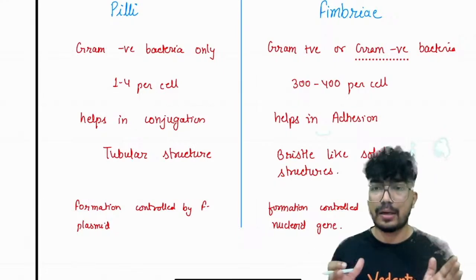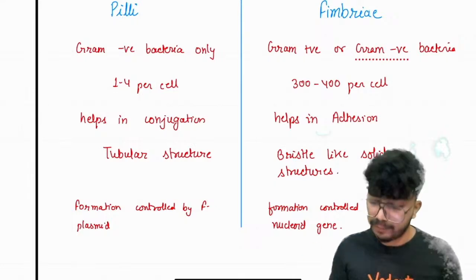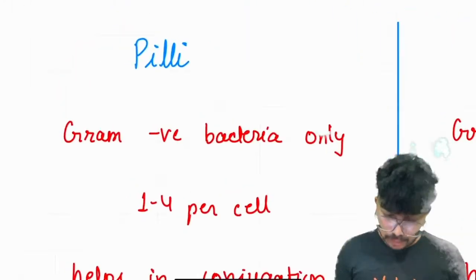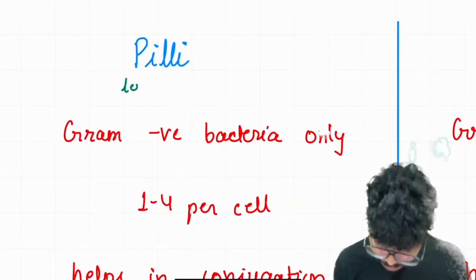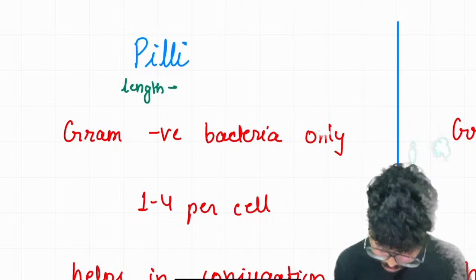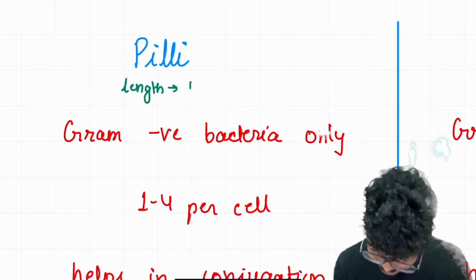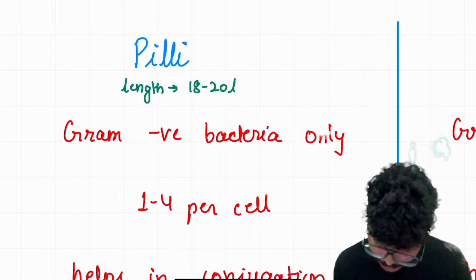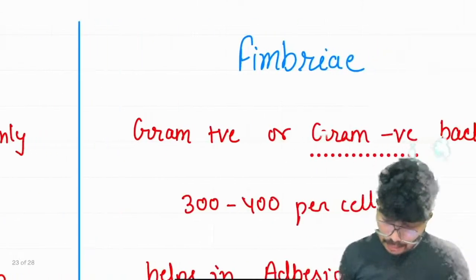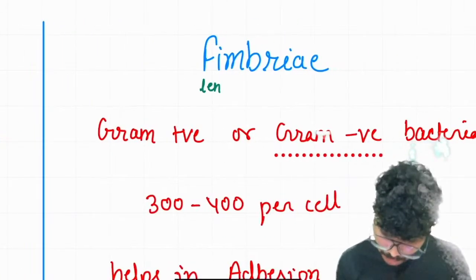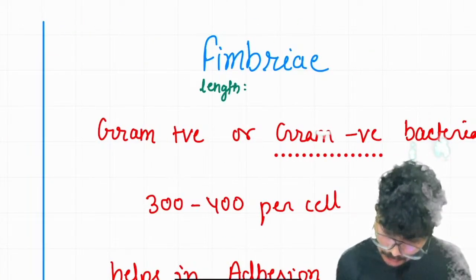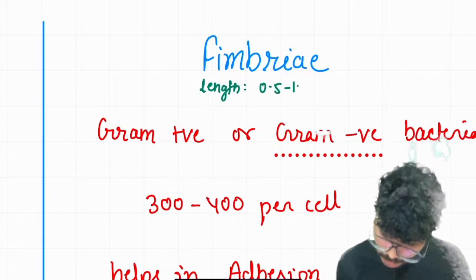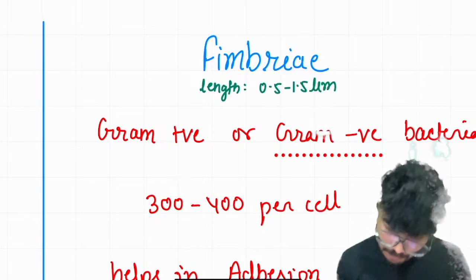That means pili are longer, and fimbriae are comparatively much shorter.